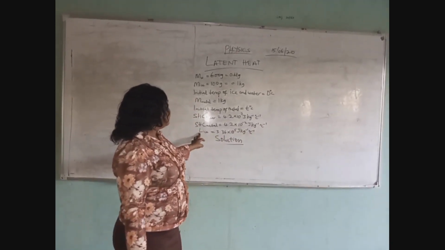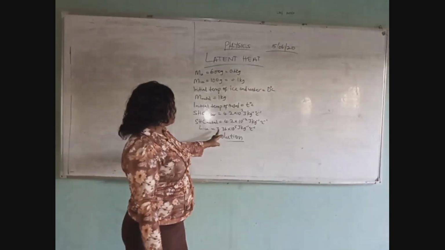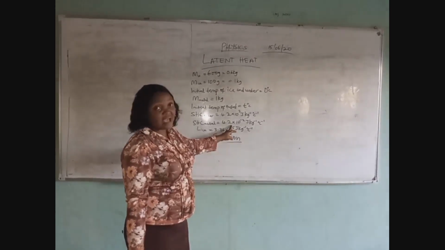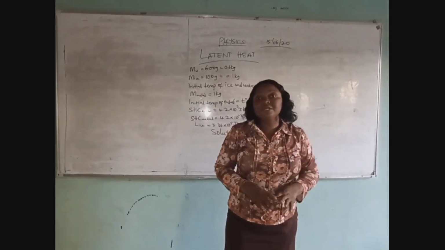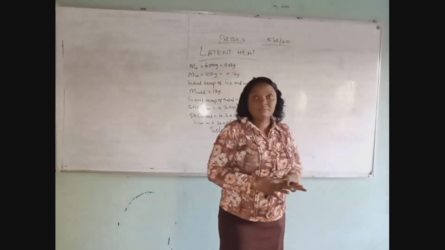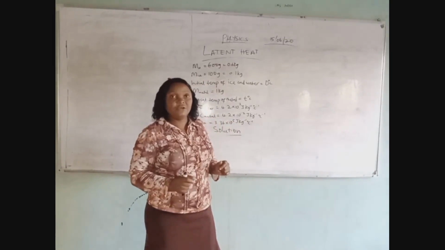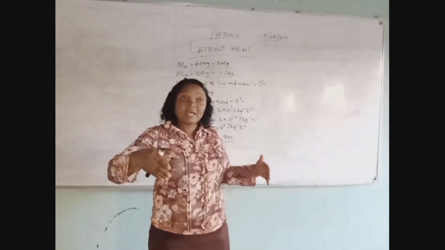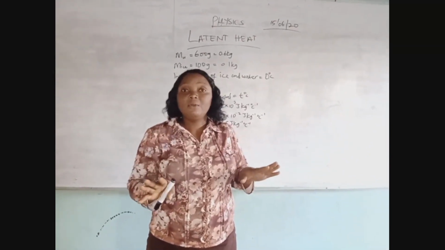Also, the specific latent heat of fusion of ice is given as 3.36 times 10 raised to the power 5 joules per kg. We have to find the initial temperature of the metal. The ice and the water are the contents of the calorimeter. Okay?